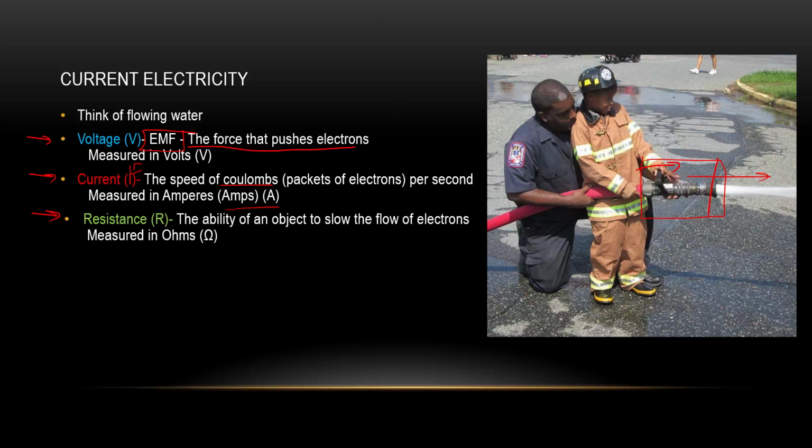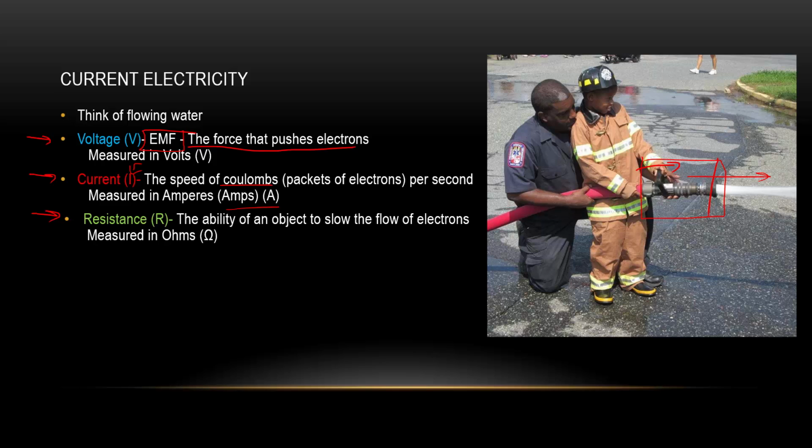Okay, so then the last player is resistance, and that is the ability of an object to slow down the flow of electrons. So the flow of water is slowed down by gravity, or hitting particularly like a wall, or let's say you're hitting this against a fence and there's some holes in the fence.